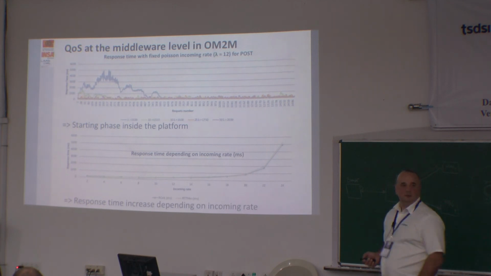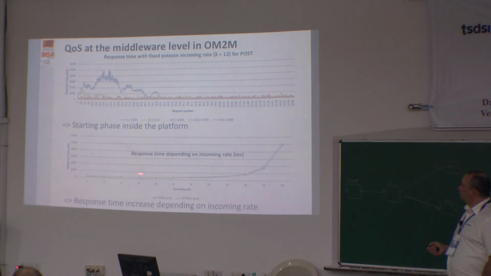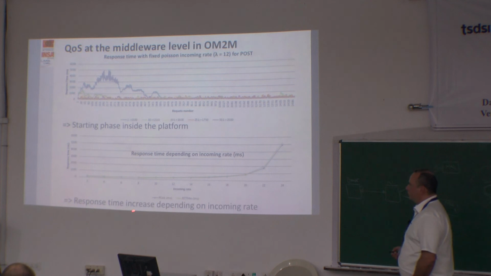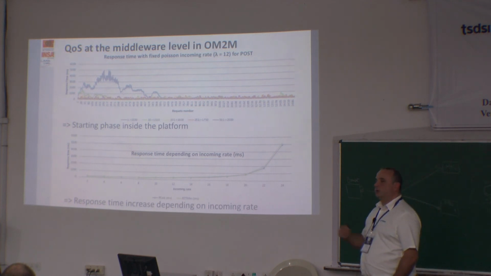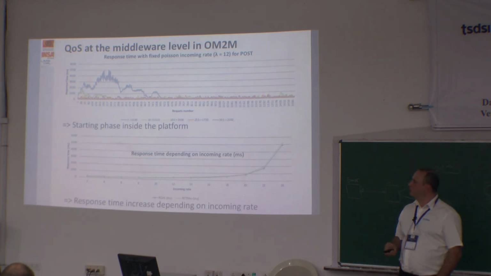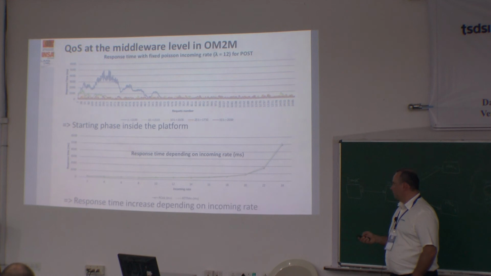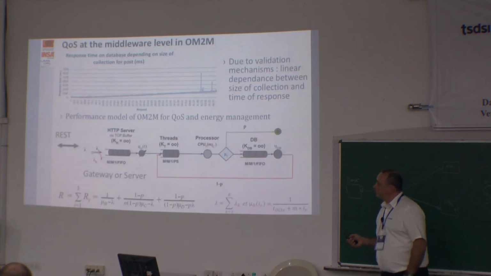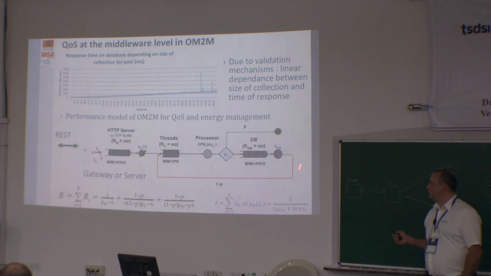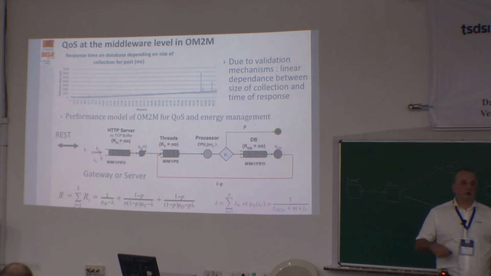We also do some requests and see the global response time of the system, and we see that depending on the incoming rate of requests, we can have very long response times. So it's a way to see how the platform can be scalable. We need to work on this, and we propose a model based on a queuing system to model what happens inside OM2M.